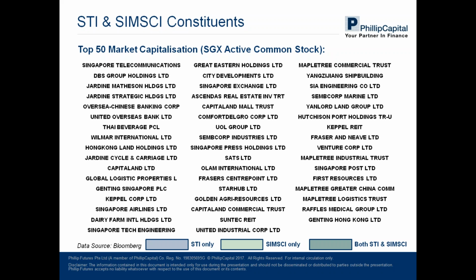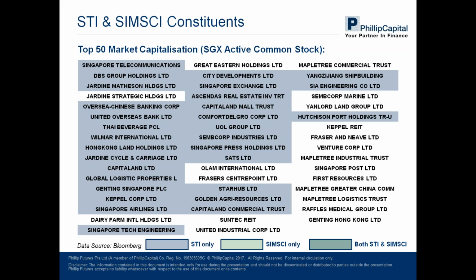So let's take a look at the STI constituents. These are the constituents of the STI. Now I'm going to overlay the constituents of the SIMSCI index, which is the MSCI Singapore Free. You can already see their composition is almost the same, with the exception of a few counters.